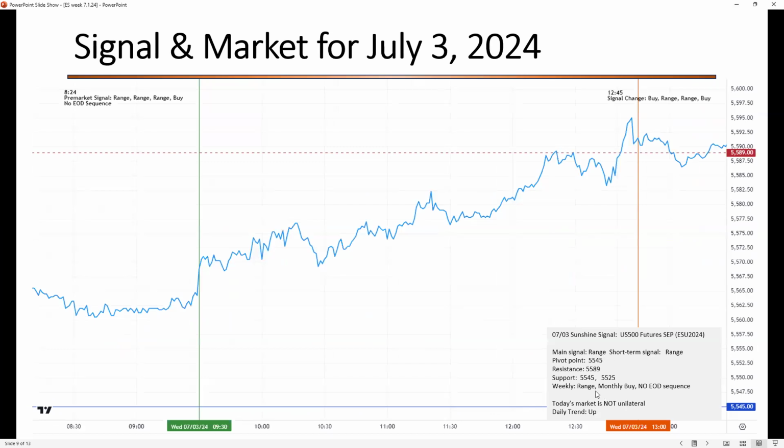Signal is range again. Our pivot point is 55.45, so right here, and the market opened above our pivot and even above the 55.60 level. Being that much above the pivot point, I would not be trying to short, and there was no day resistance today, so I would have looked to buy dips.